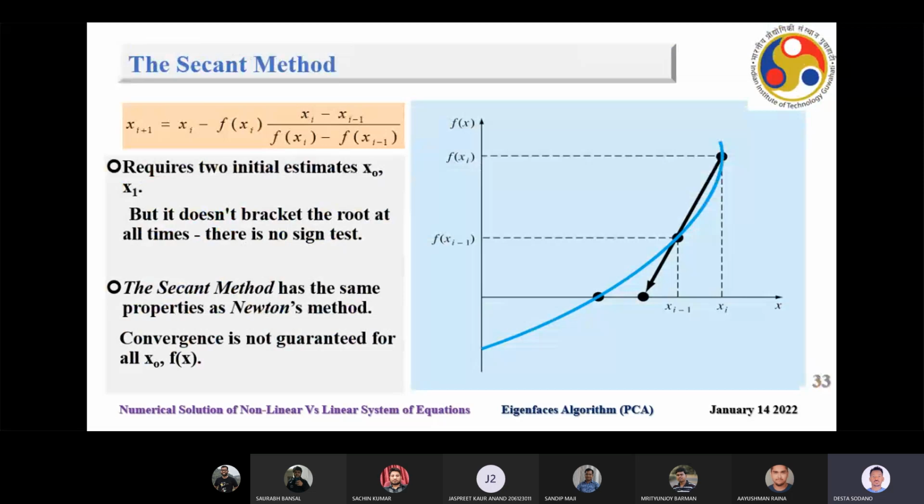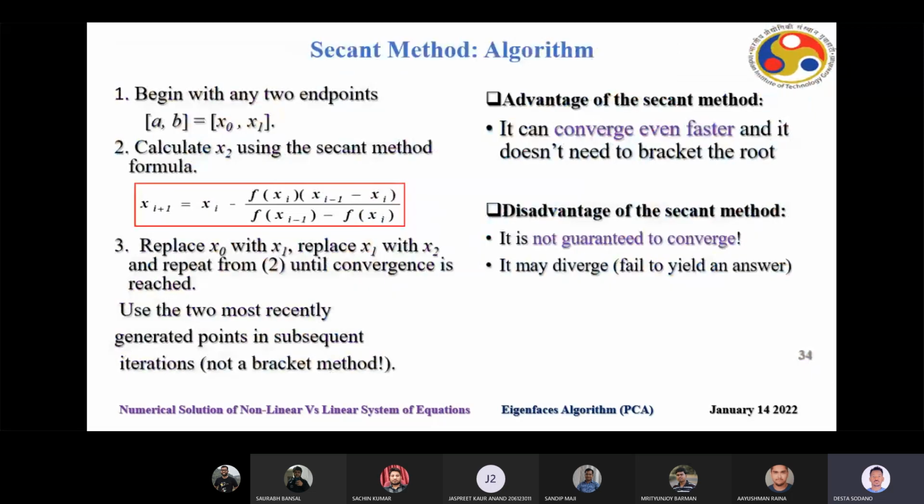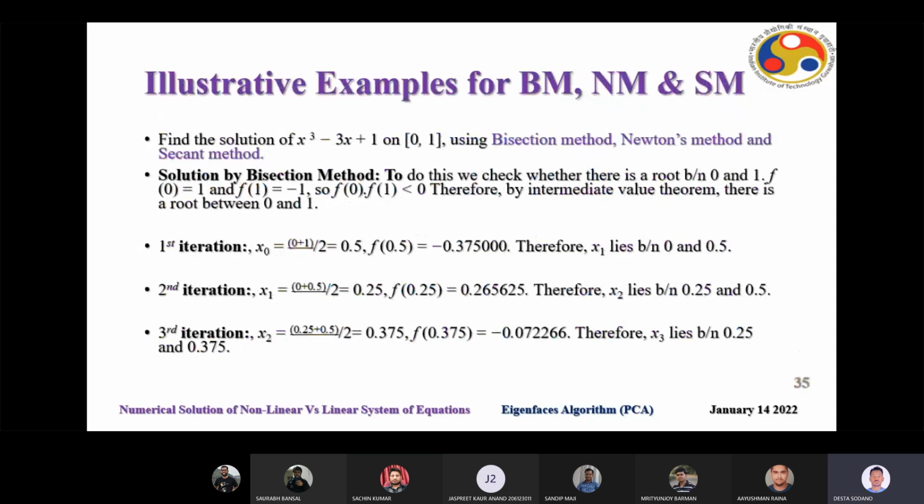Here also some algorithm is available, like bisection and Newton's method. And also, what about the advantages and disadvantages of the secant method? Here is also an illustrative example for bisection method, Newton method, and secant method. For the three methods, to compare, one common example is available: x cubed minus 3x plus 1 on the interval of 0 and 1.